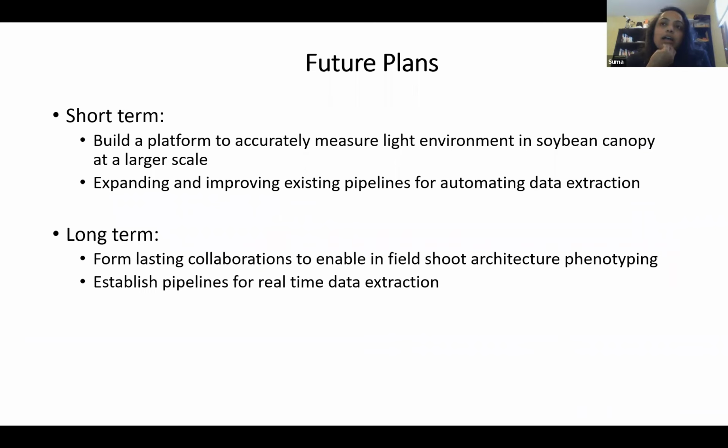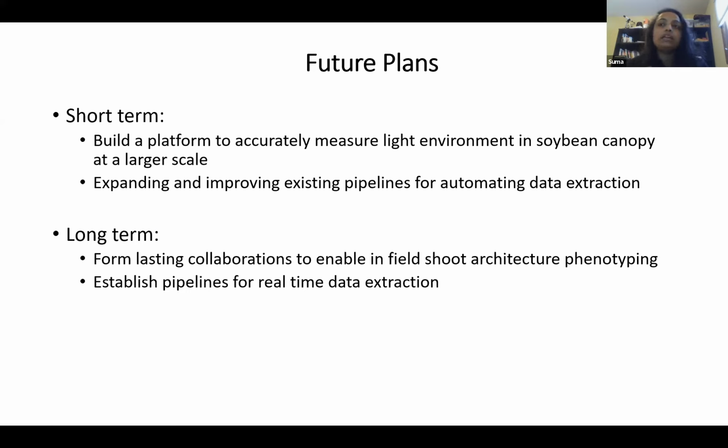At least to me, the short-term plan for both image processing and analysis as well as imaging is to build a platform. I'm calling it a platform kind of loosely; I'm not sure what shape or form it will take, but we want to invest in building a platform to accurately measure the light environment.